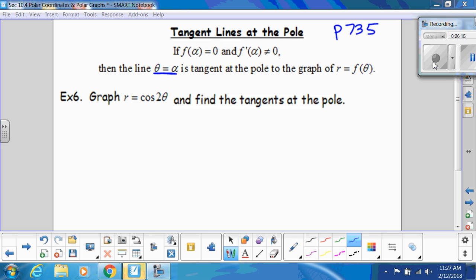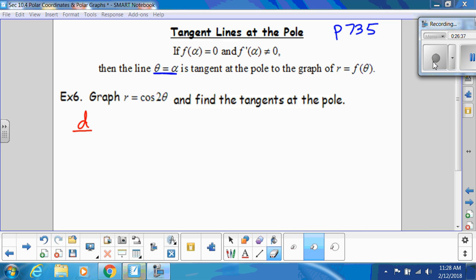I'm going to have a tangent as long as f of alpha equals 0 and f prime of alpha does not equal 0. That really comes from the idea of our dy dx. So think back to our dy dx. I'm going to use this space down here and I will erase it. If you need to pause to write things down, please do so.